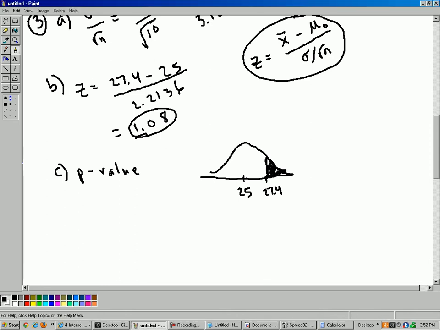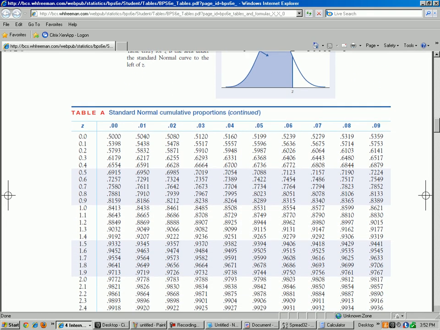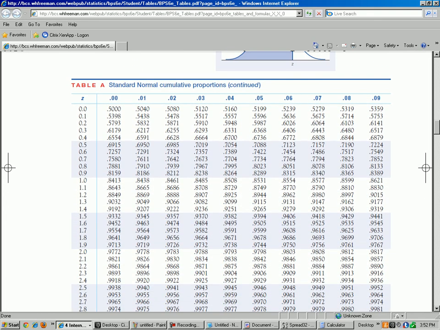Okay, I found the table. So our z-score here is 1.08. Here's the table. So find 1.0 on the left of the table. This is page 677 of your textbook. 1.0 and then find the 08 here. So 0.8599. Now, of course, we have to subtract from 1 there.